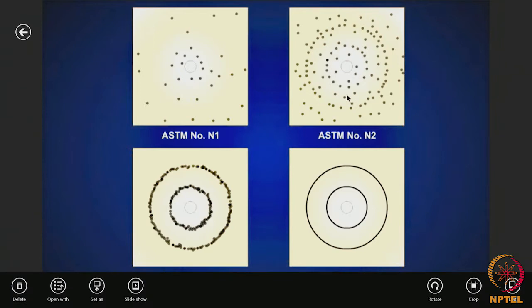Here we can see the outline of the Debye rings. Here the Debye rings are spotty. The reason is the grain size is large. In this case, the Debye ring is continuous, indicating that here we have a smaller grain size.